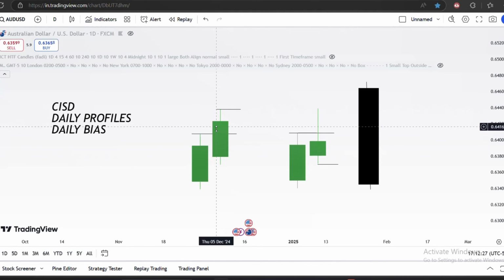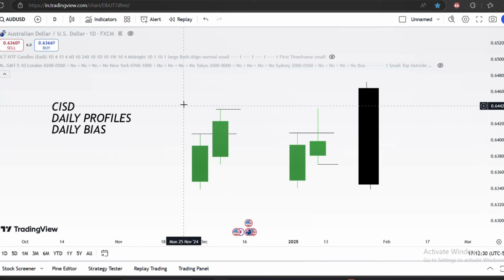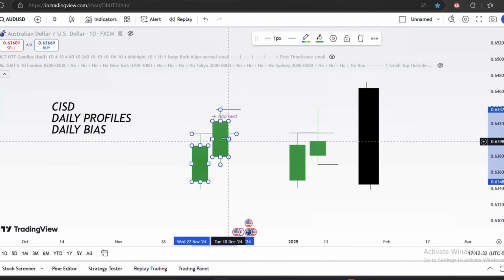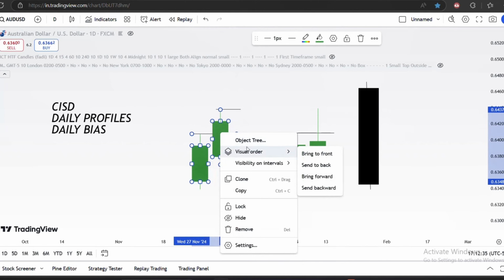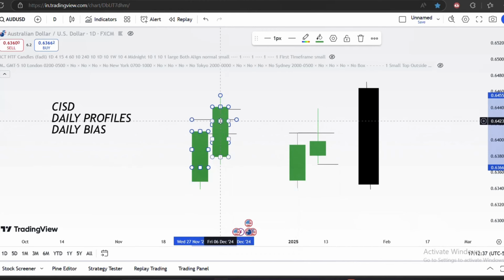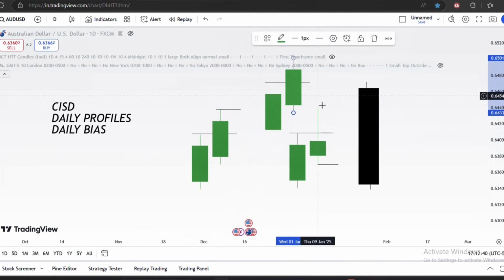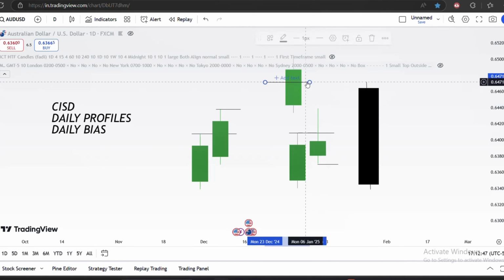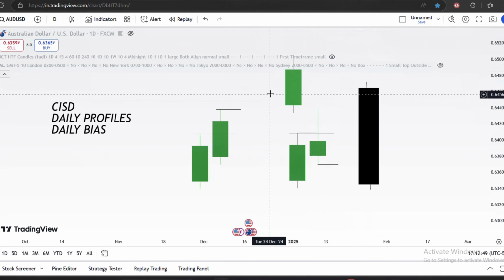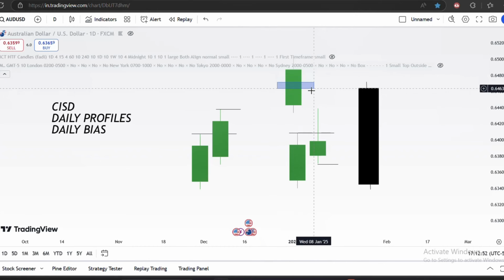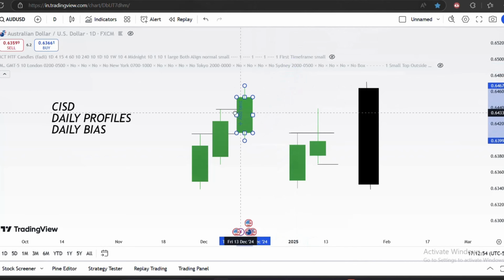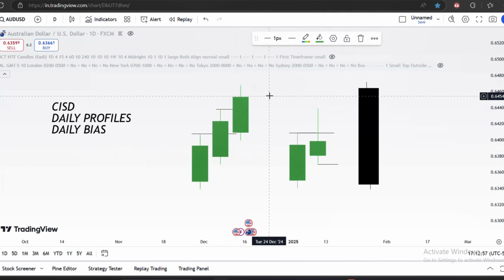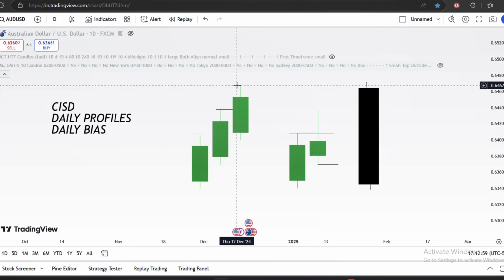If your next candle also takes this one high and closes outside this way, then we will expect the next candle to take this one high, right?